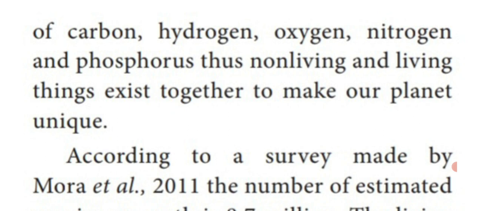The non-living things are in the form of sunlight, water, soil, temperature, moisture, and also some gaseous substances responsible for the activities of living things such as plants and animals. Those gaseous things are carbon, hydrogen, oxygen, nitrogen and phosphorus.